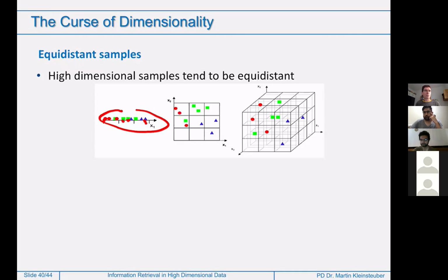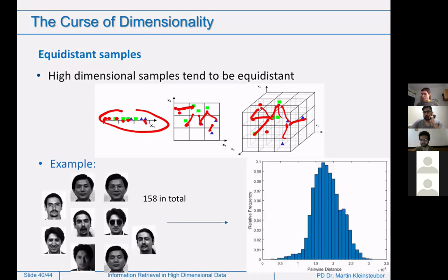And here they do not tend to be equidistant. But the higher the dimension, the more you see that these pairwise distances tend to be the same, right? And this is formalized.